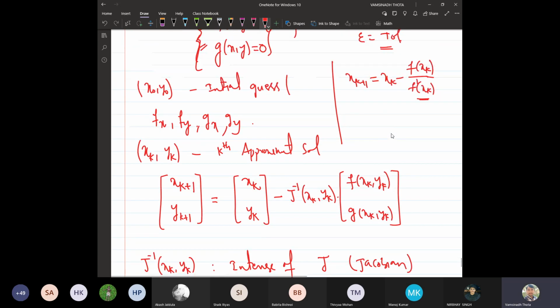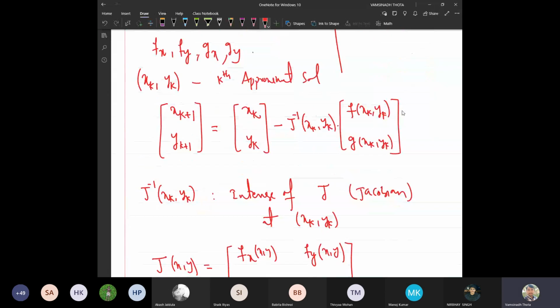If you reduce it to the one variable case, this is what you will get: xk plus 1 is equal to xk minus J inverse at xk. What is J inverse at xk here? Basically, 1 upon the derivative of f at xk, times f at xk. So how do we reach this iteration function?